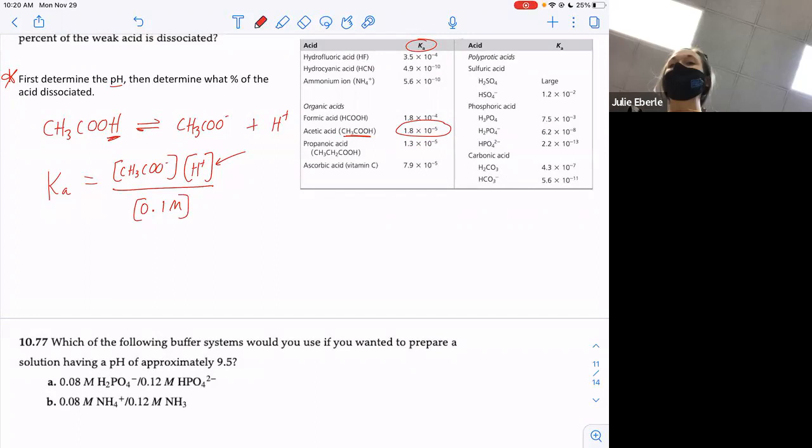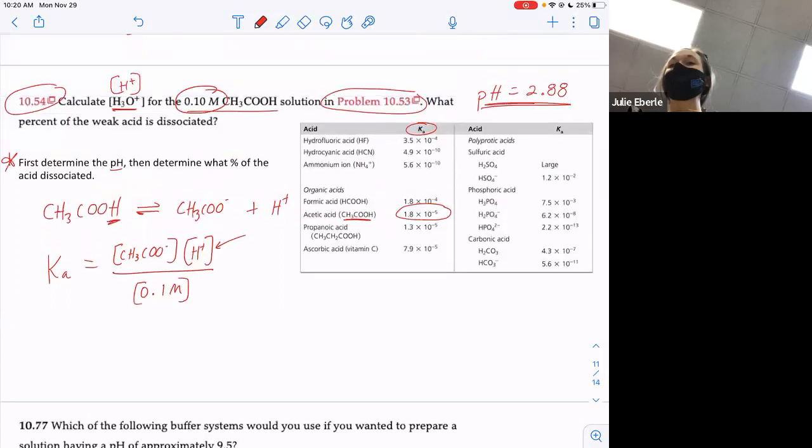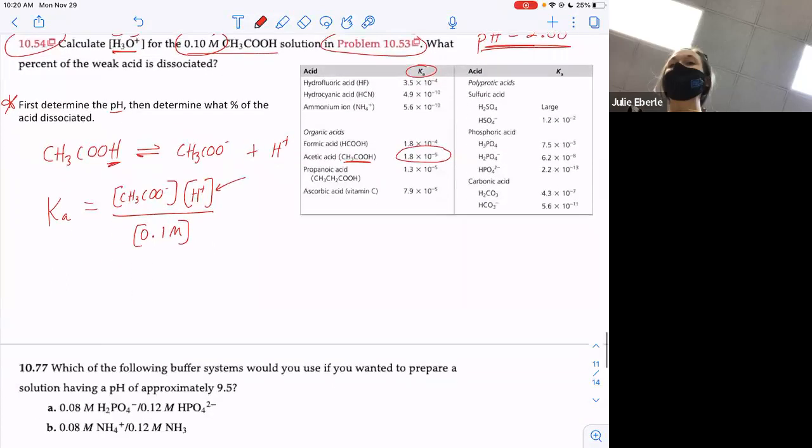Now remember, what do I do from here? Pretend that you don't know what pH is. We're going to solve for it and see if we get that. So both of those are supposed to have the same concentration. Here's where you can assume that the concentrations of our products are identical.